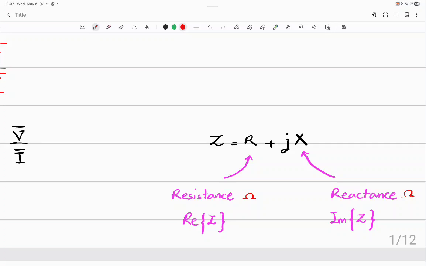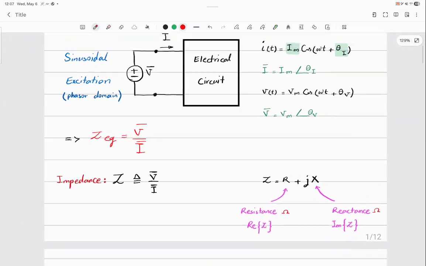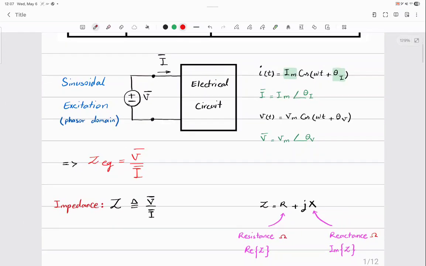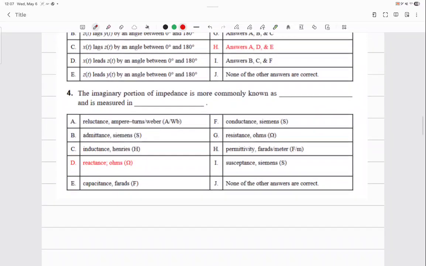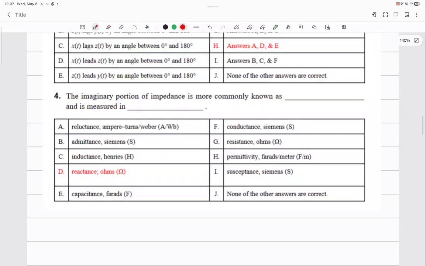Again, ohm. Just to show you that this could appear as a question, look here, question 4, last year fall. The imaginary portion of impedance is more commonly known as reactance and is measured in ohms. So that is the answer.